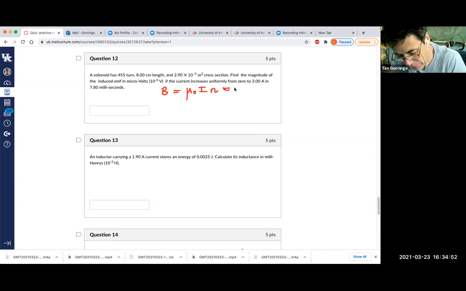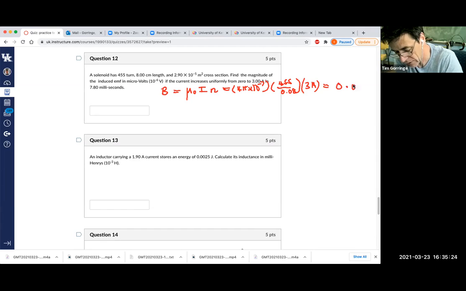And all these numbers we know, 4 pi times 10 to the minus 7 is mu naught. The number of turns per unit length is 455 divided by 0.08, the length of the solenoid. And then the current in the solenoid is 3 amps. And so we multiply all those things together, it's going to give us the field.